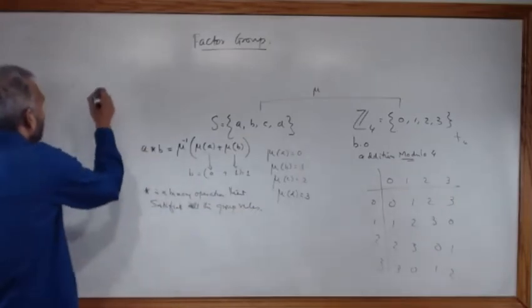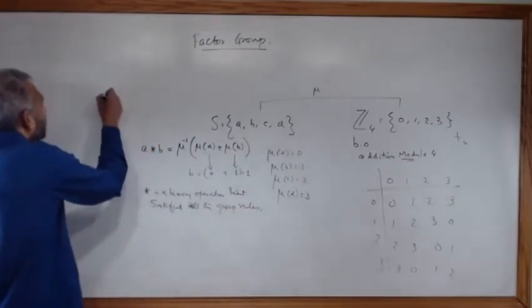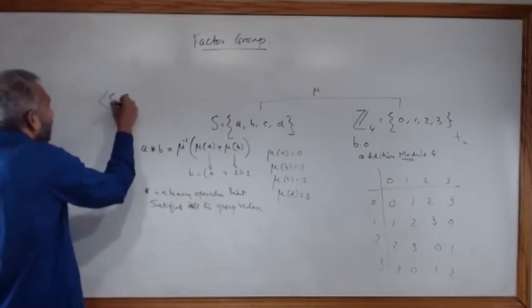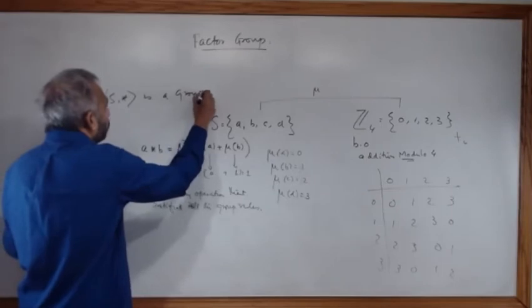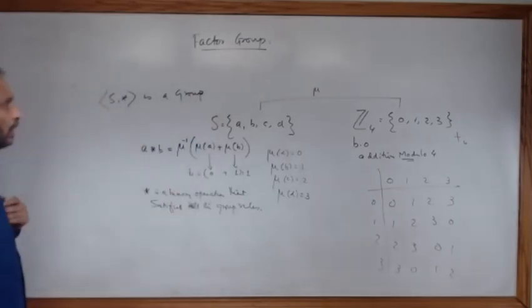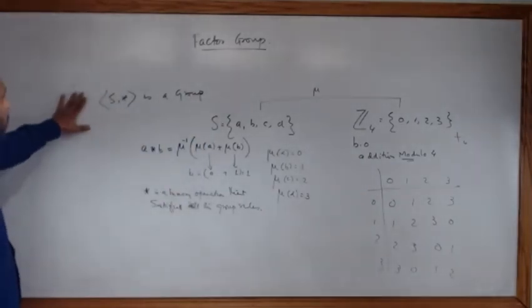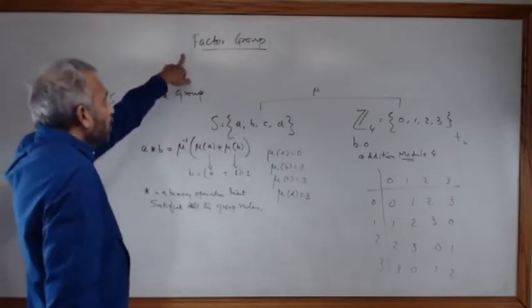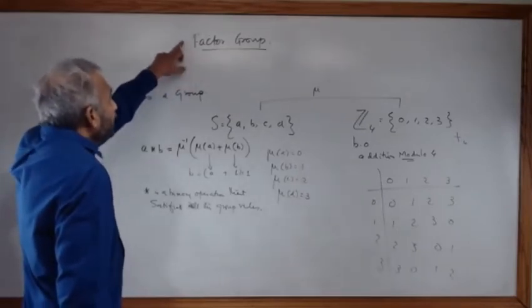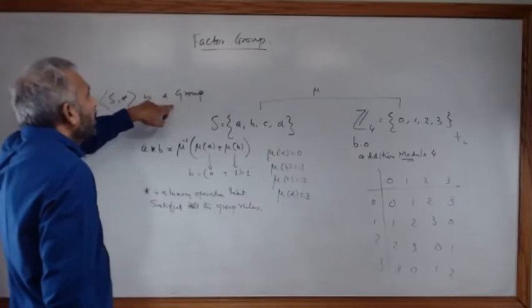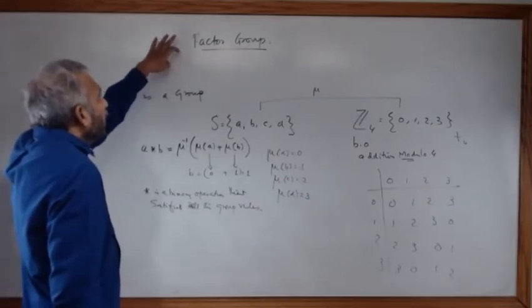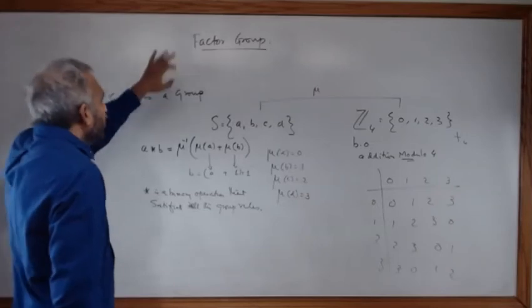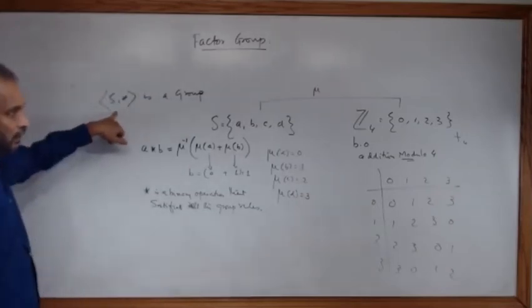So with this star, you can say that S with star is a group. So our idea is to build a group with the elements as subsets of a group, but we still need to define a binary operation. For that, we are going to use this technique.